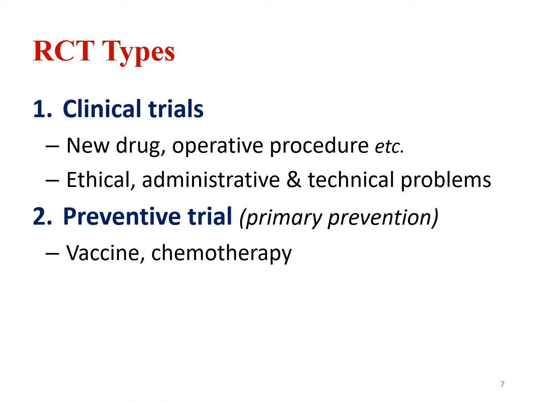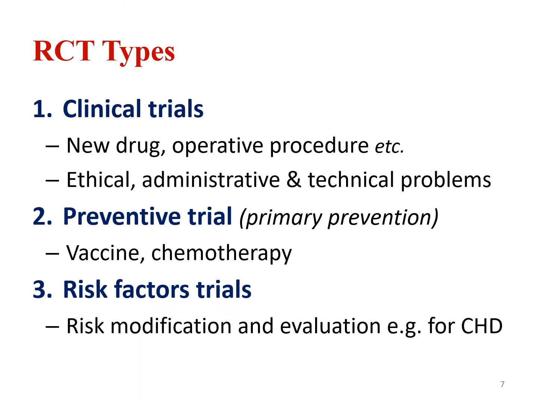Next trial is the preventive trial, regarding preventive strategies, preventive measures. Third one is the risk factors trial, a trial regarding modification and evaluation of risk factors for a particular disease.